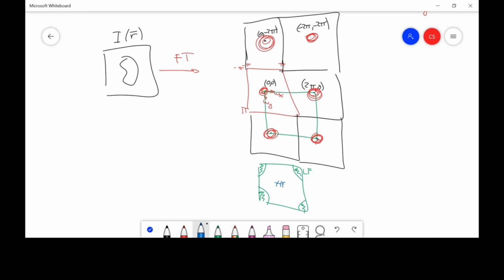And then there must be a way of going from this kind of representation to this one. And again, this is the FFT shift. It's simply shifting the square around.